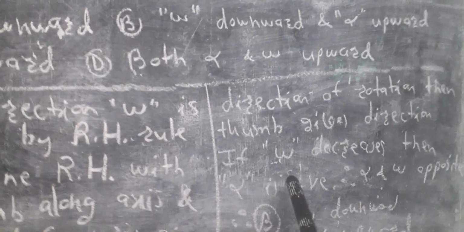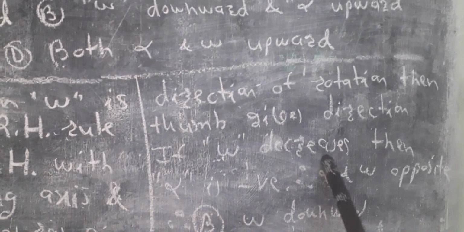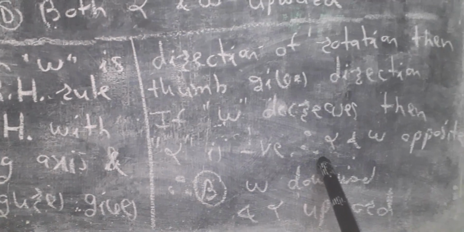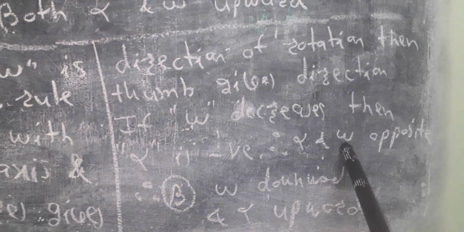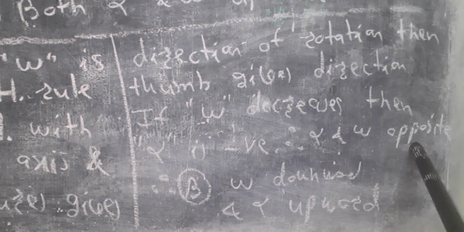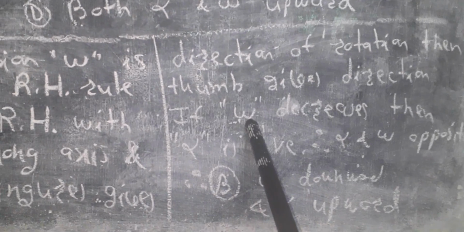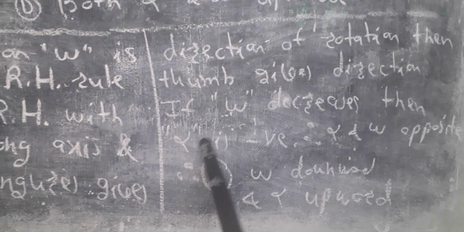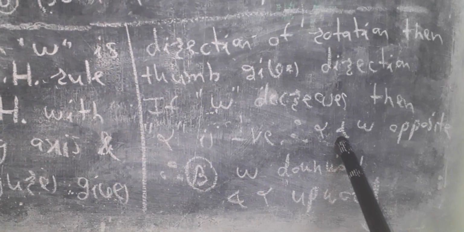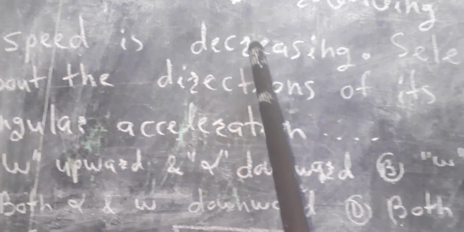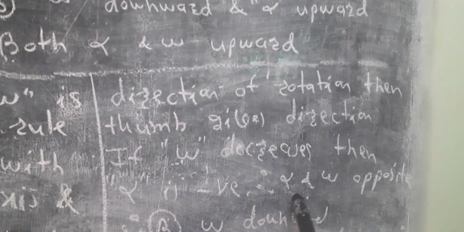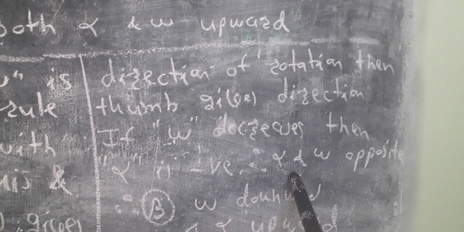We know that if omega decreases, then alpha is negative. That means alpha and omega are in exactly opposite directions. And suppose omega is increasing, so we can say that both alpha and omega are directed in the same direction. Here we are given that the speed is decreasing, so the direction of omega and the direction of alpha are exactly opposite to each other.